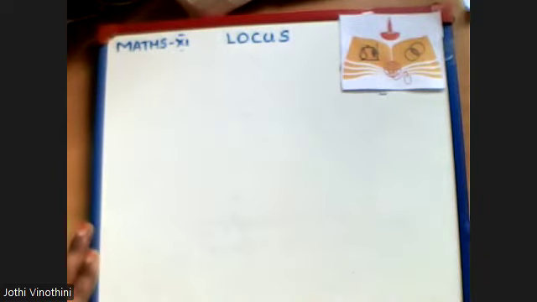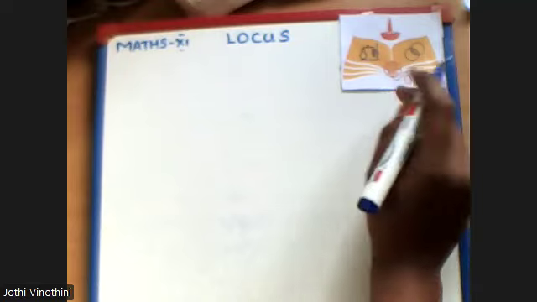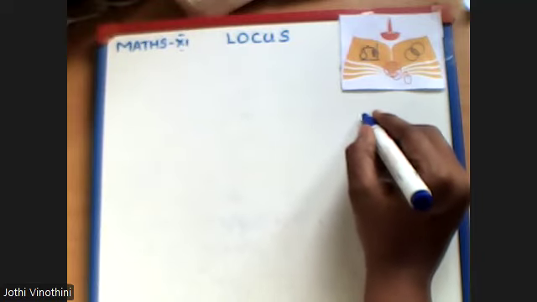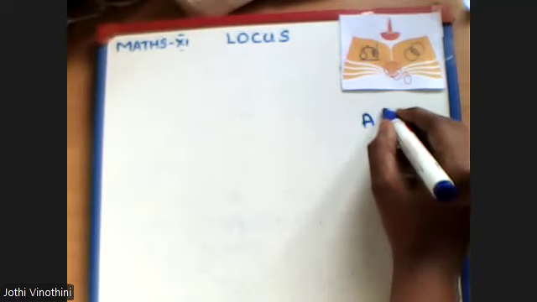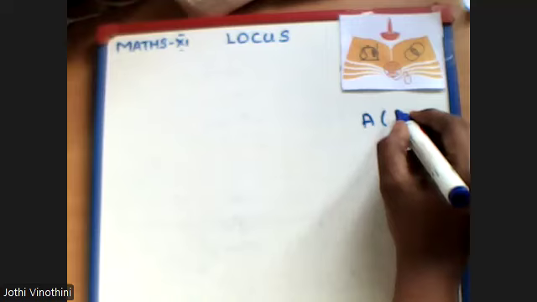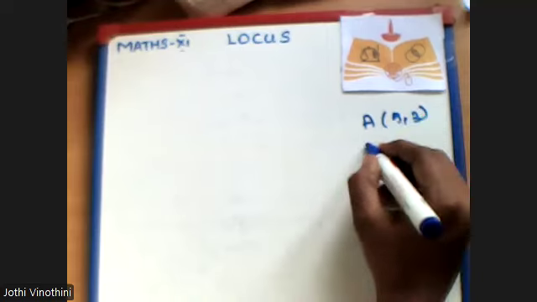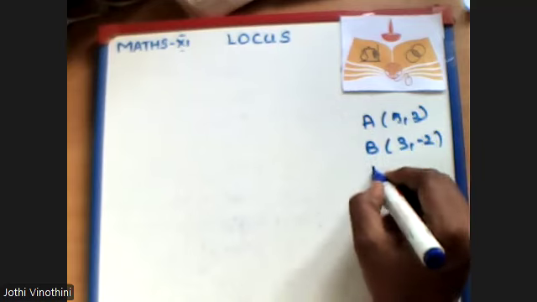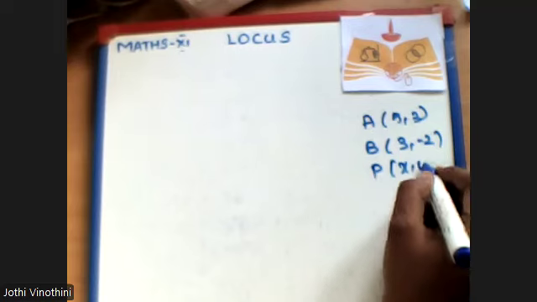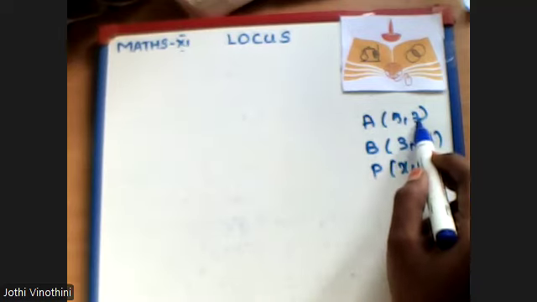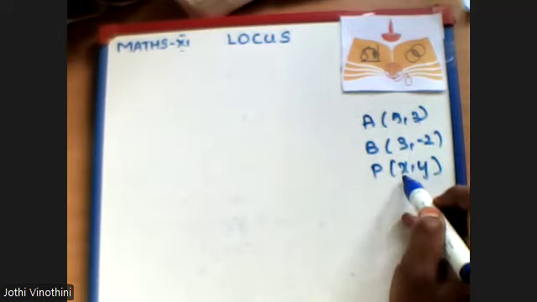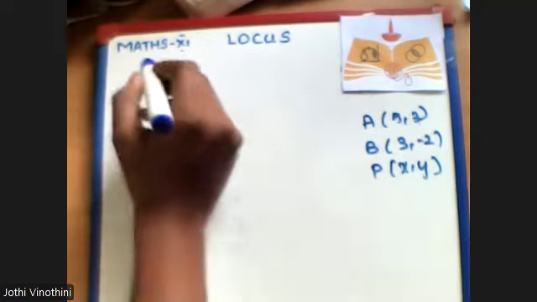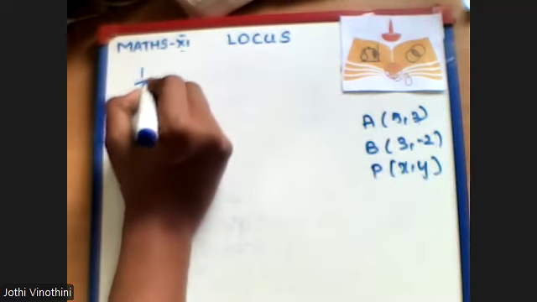Okay, fine. I have a point A, which is (5, 3), and B, which is (3, -2), and point P, which is (x, y). I consider them as (x1, y1), (x2, y2), (x3, y3). So I'm going to put it in the formula of the triangle.